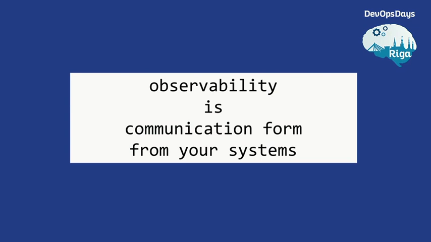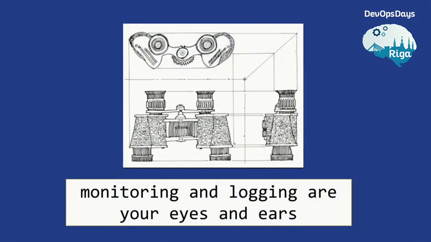Then the next thing is observability. It's communication from your systems: what you can see, what you can get from your systems, and that's why monitoring and logging tools are your ears and eyes.